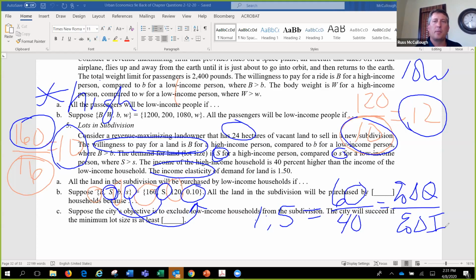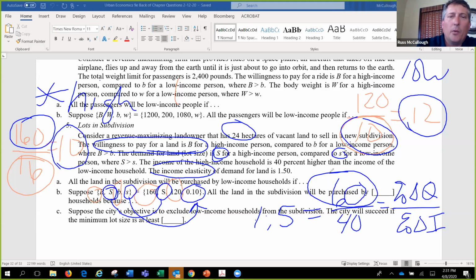So these people have a 60% higher lot value. This is the change in quantity from when you're a low income person. So what do you think that would be?